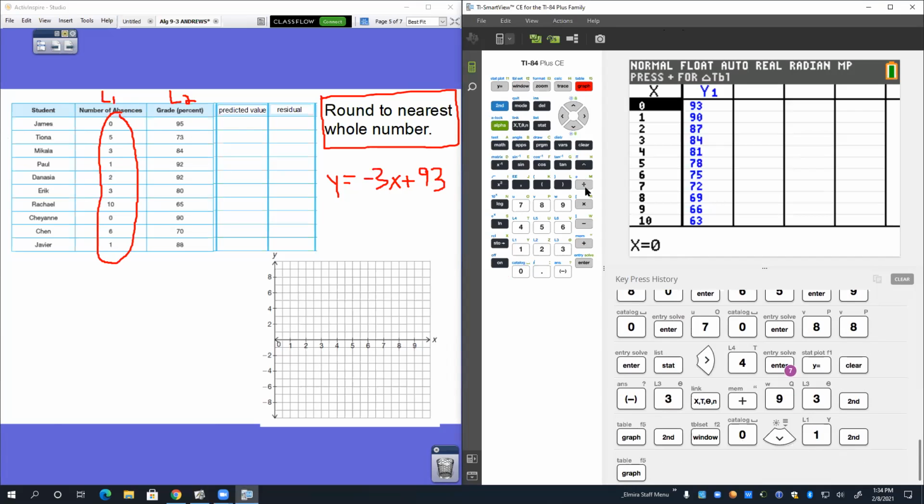Second table. Now you have to be careful because these are not in order.